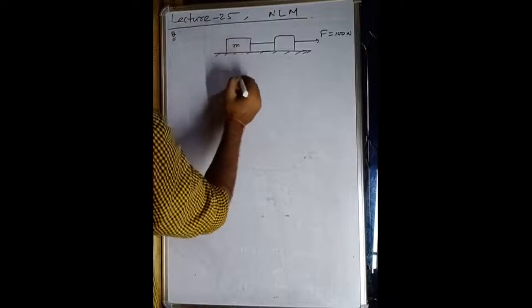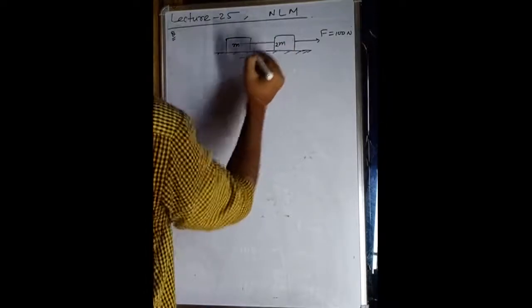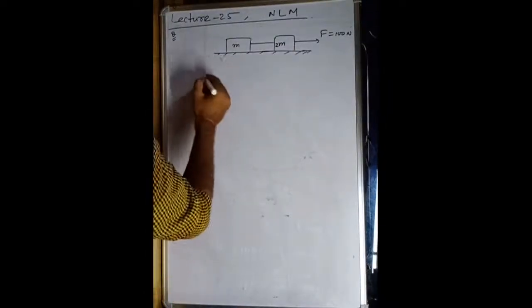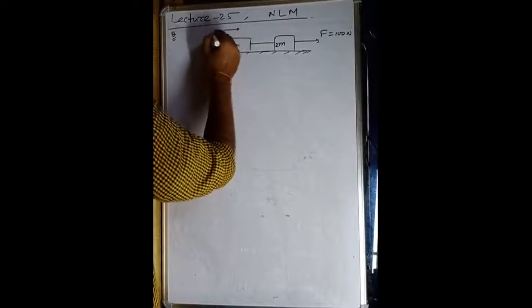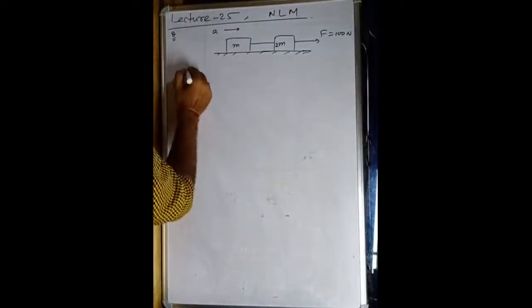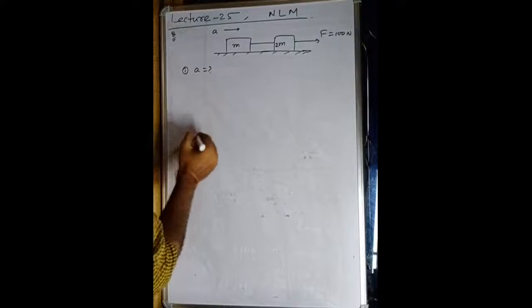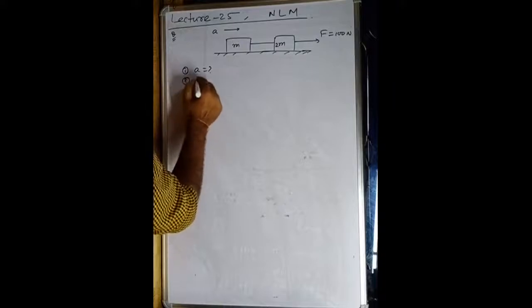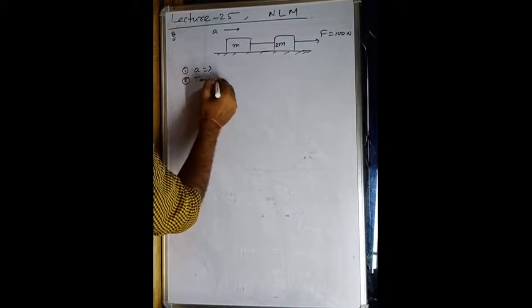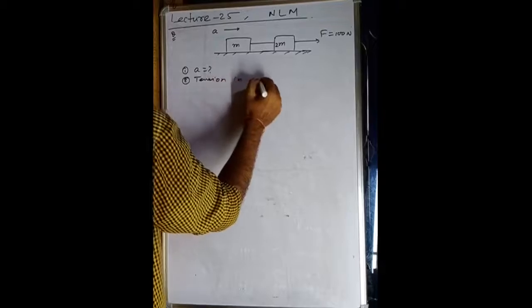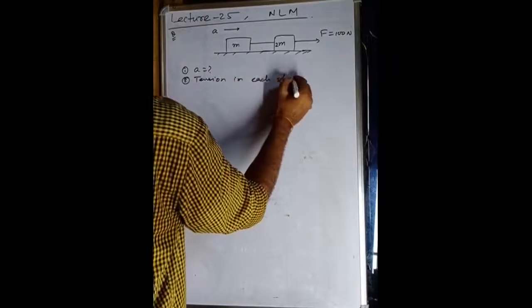Here the mass is m and this is mass 2m. You have to find the acceleration of the system first, and second, you have to find the tension in each string. The two things you have to calculate.